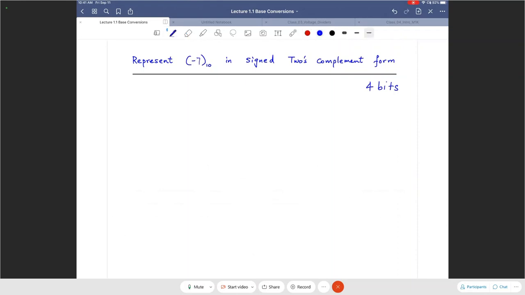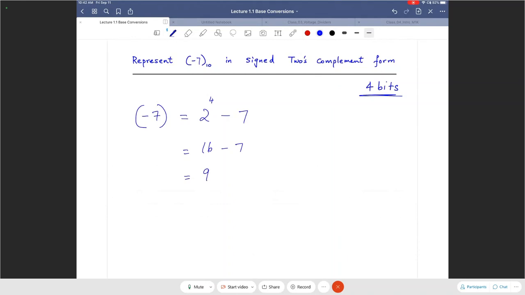Say like -7, right? So if I want to represent -7 in its 2's complement form, notice over here, I have explicitly talked about the number of bits. I've reserved it for 4 bits. So that helps me. So -7 in its 2's complement representation is going to be 2 raised to 4 minus 7. 16 minus 7. What is that going to be? 9.